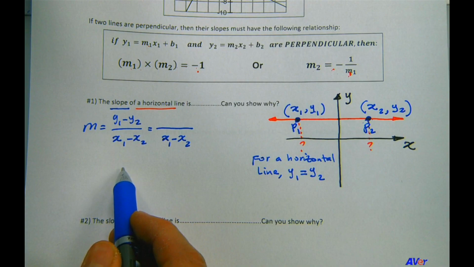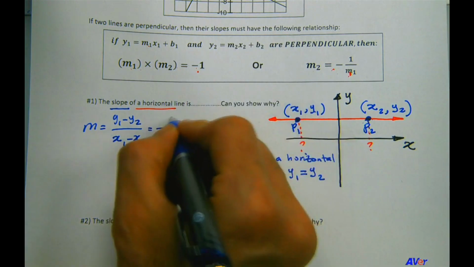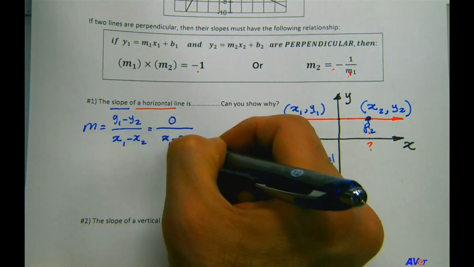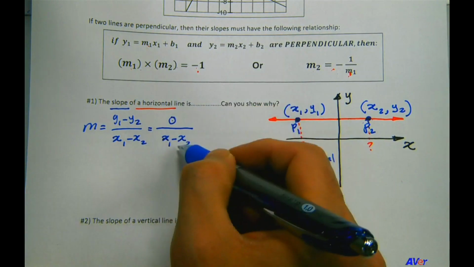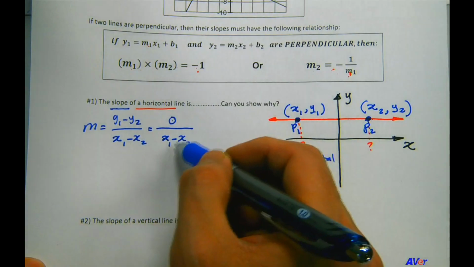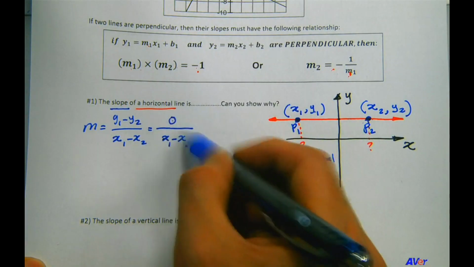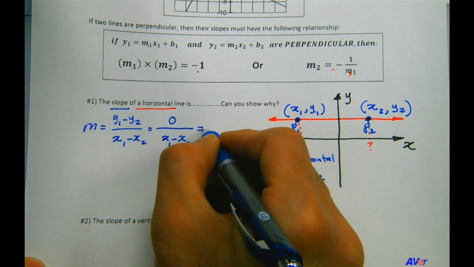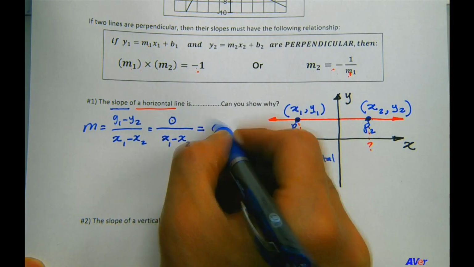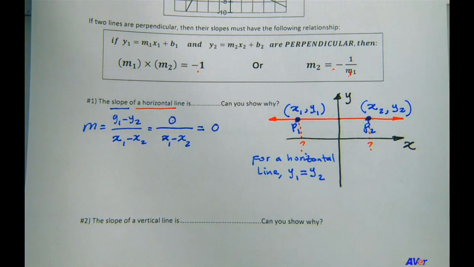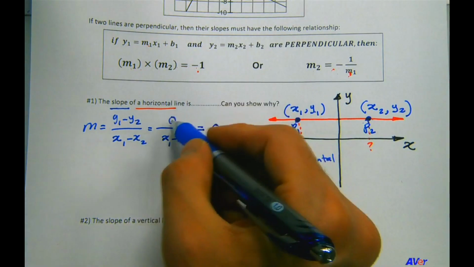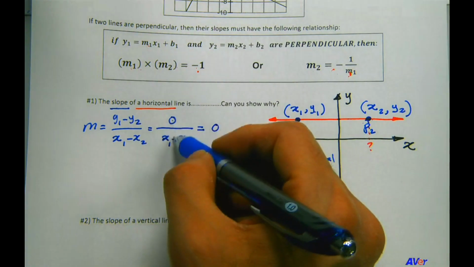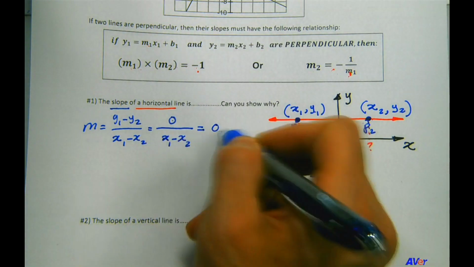It would be equal to 0. But 0 divided by any number, because x1 and x2 can be any number so their difference can be any number, 0 divided by any number is equal to 0. Because 0 represents nothing. So how can we divide nothing by something? There's nothing there. So dividing nothing, we end up with nothing.